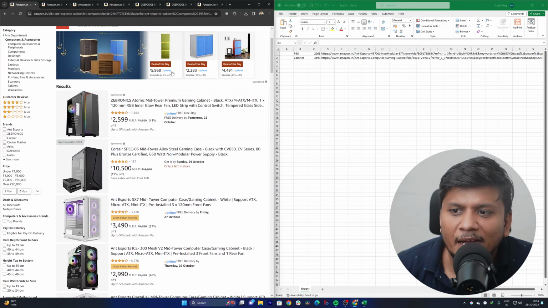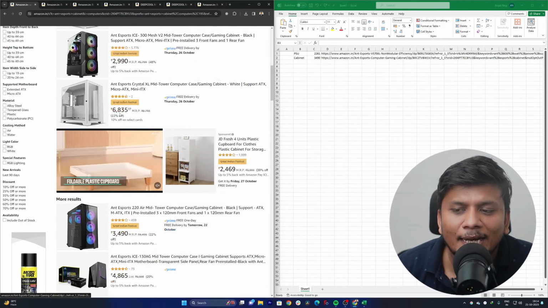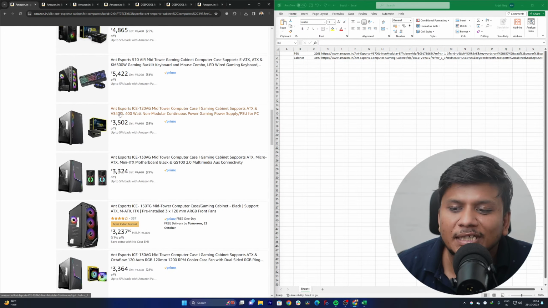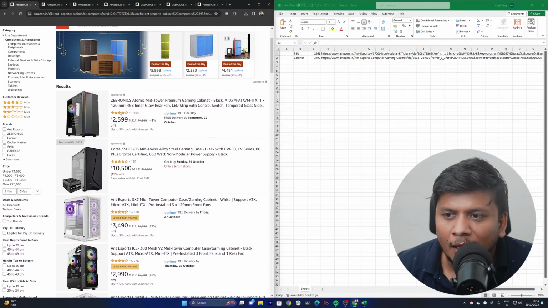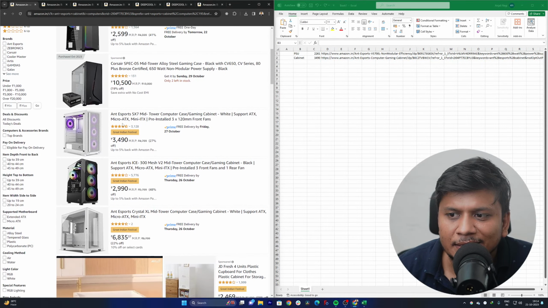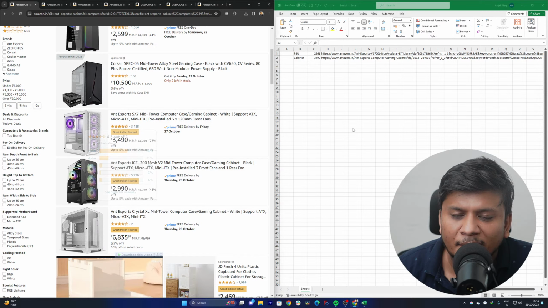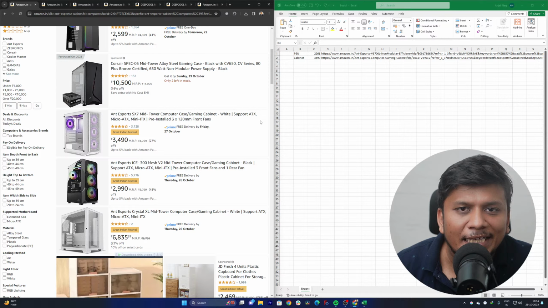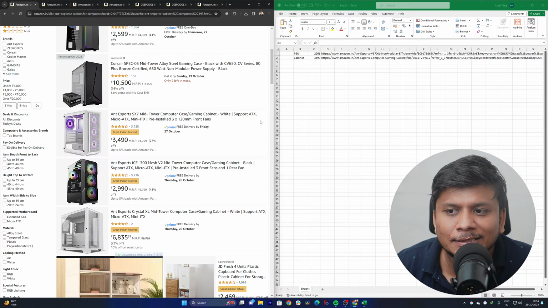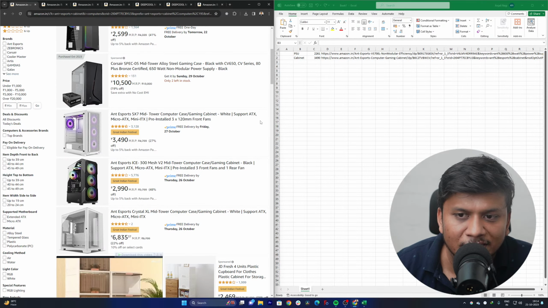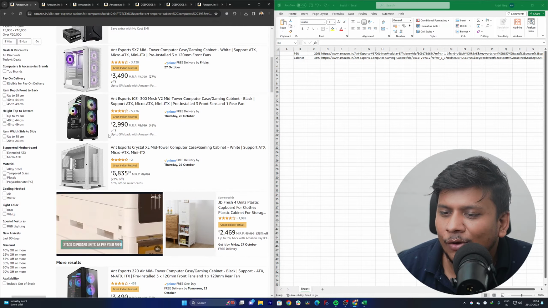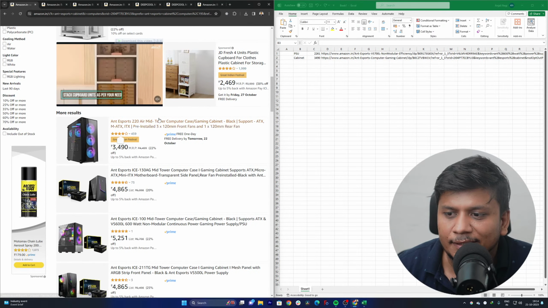Even with the Spec 05 I did not find a net, which I would say is the downside that I saw with that one. However, these Ant Esports cabinets are actually slightly tiny, so that's how they are saving some material and creating some margins. So yeah, but I would say they are perfectly fine.